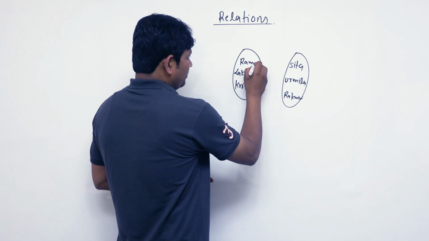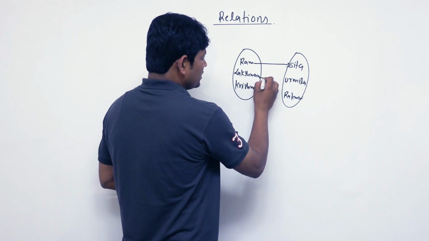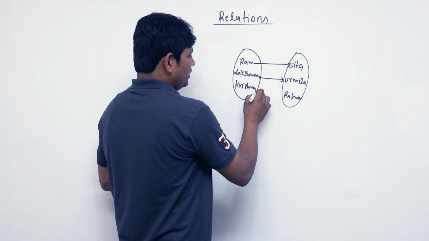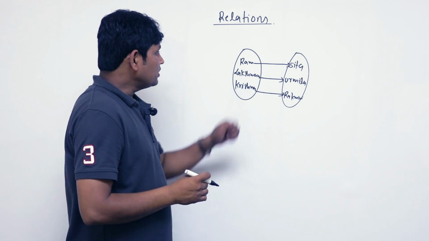So Ram is the husband of Sita, Lakshman is the husband of Urmila, Krishna is the husband of Rukmini. So this is a relation.